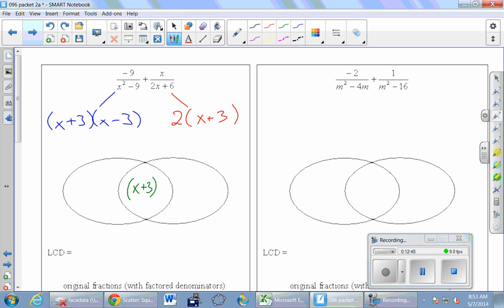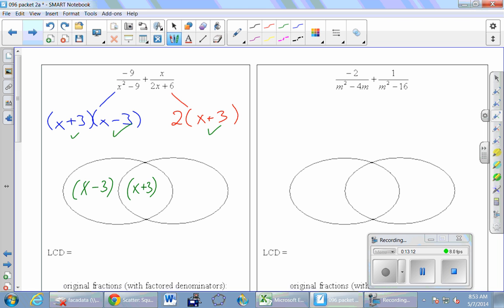Which of the x plus 3 should I check off? Both of them, because we just put it in the middle. It's in both circles. Next thing I see is x minus 3, left, middle, or right. Left, it's only in the left. Check that one off.